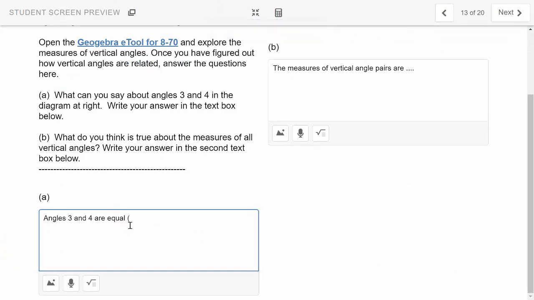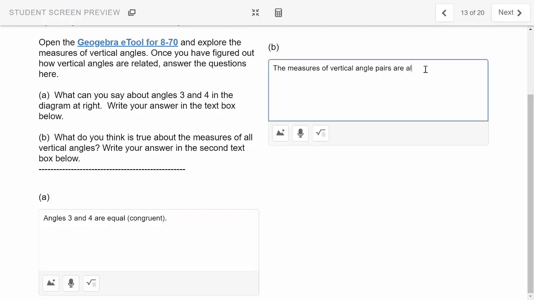The actual word we should use is congruent, but we'll save that for high school. And we can say this, the measures of vertical angle pairs are always equal! Exclamation point. So now we'll just go ahead and put periods there.